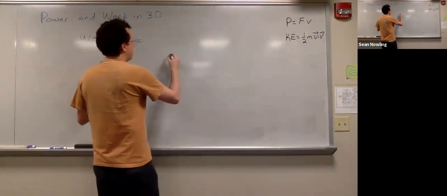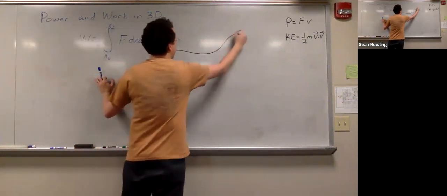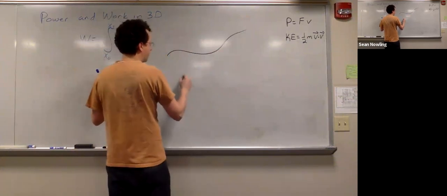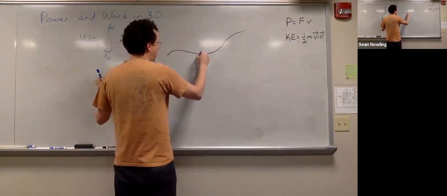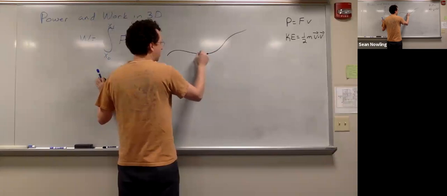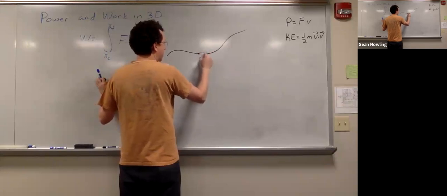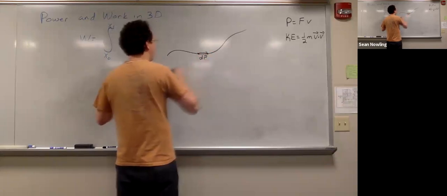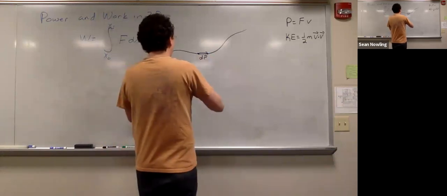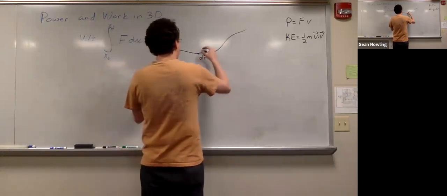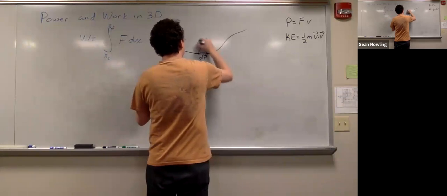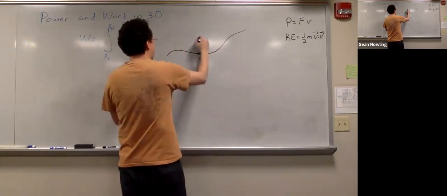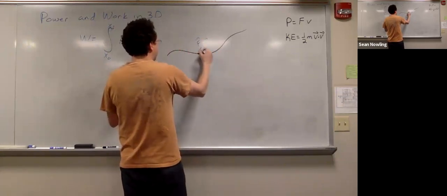Let's imagine we have some random path in 3D. Along the path, you have a little vector, dr vector. And you can imagine that when you're moving around, there's a force right here with some angle, theta.